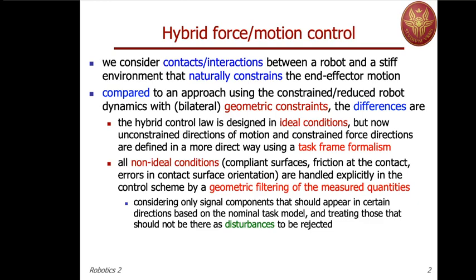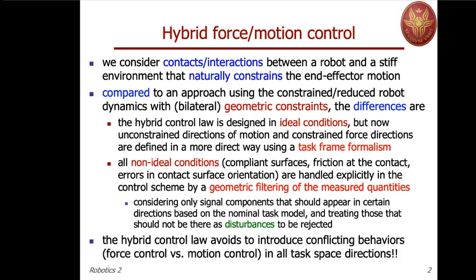And similarly, along the free direction, we don't expect any opposition to motion, but the presence of friction may in fact reduce the speed that we are having in contact. And again, we will not consider forces that are being measured in that direction, which are associated, for instance, to friction. And we will just treat those extra components, if, of course, they are not too large, as disturbances to be rejected by the control design.